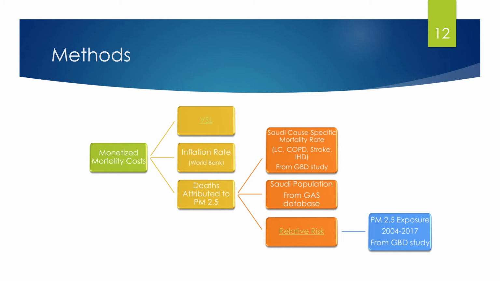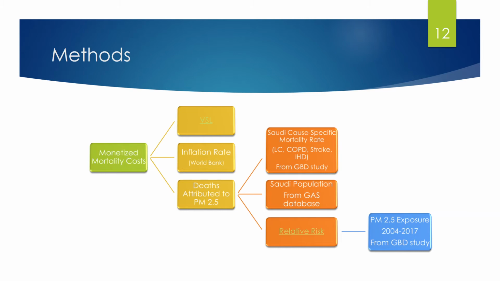There are two basic approaches to do this. The first is a revealed preference, and the second is a stated preference. A stated preference is basically going to people or establishing a survey and sharing it with people, asking them how much they are willing to pay to reduce their risk of mortality by a certain amount. And that value basically allows the researcher to define the value of statistical life.